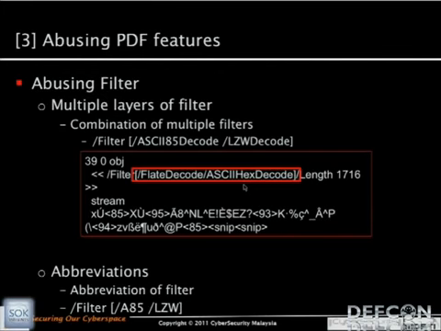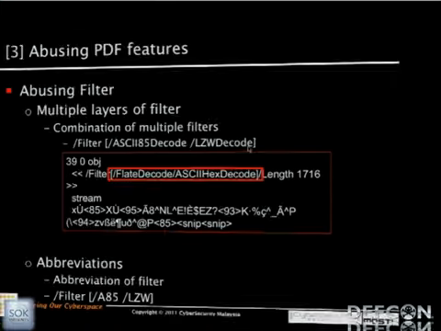You can also use abbreviations, like A85 belongs to ASCII85Decode, and LZW belongs to LZWDecode. If you don't account for this kind of abbreviation in your parser, it would be difficult to decompress all these filters.